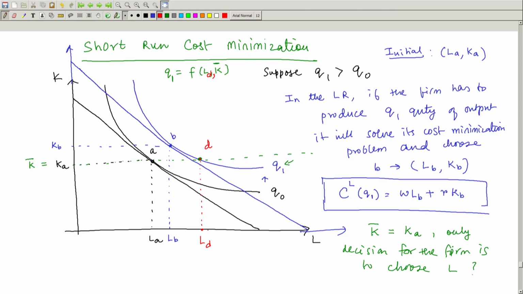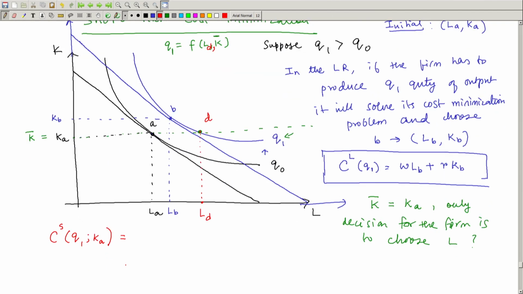Now, what is the cost associated with this bundle D? Well, this is the cost in the short run. So, I will put an S here: the cost to produce Q1 quantity of output given that my amount of capital is equal to K bar. So, that is the notation I am going to use. Whenever we talk about cost in the short run, it is the cost incurred by the firm to produce a given level of output at a level of capital which is fixed, and in this case the level of capital is fixed at K bar.